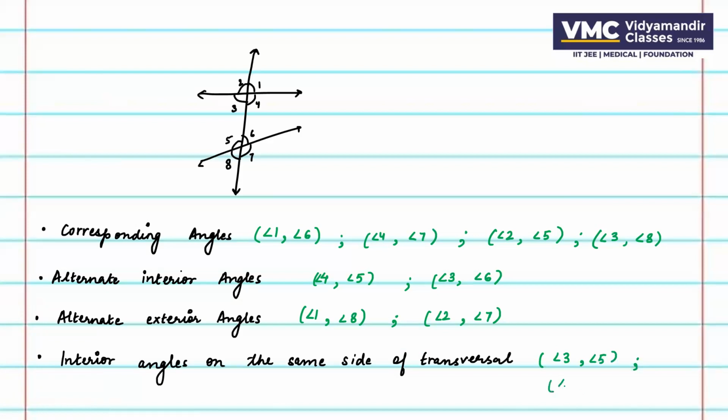Another one is angle 4 and angle 6. They are the interior angles which are lying on the same side of the transversal. Now, next we come to the transversal of parallel lines.